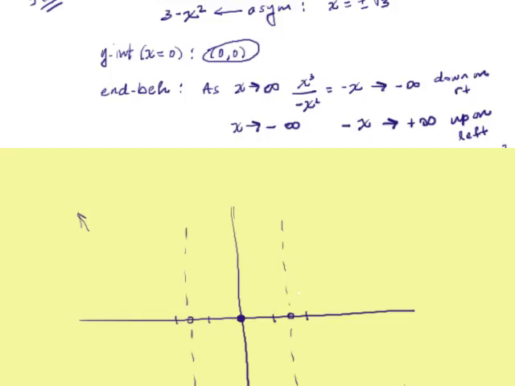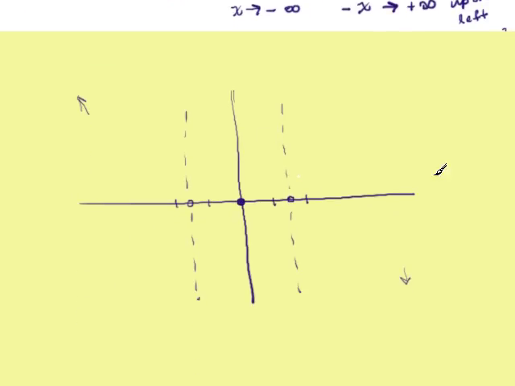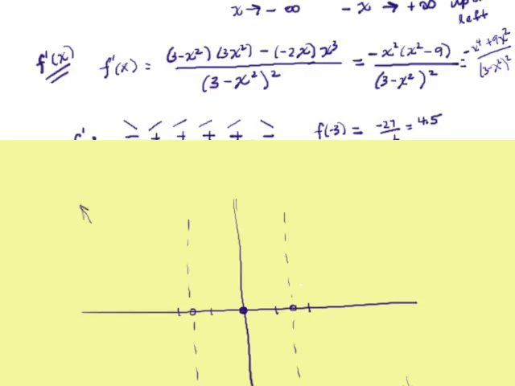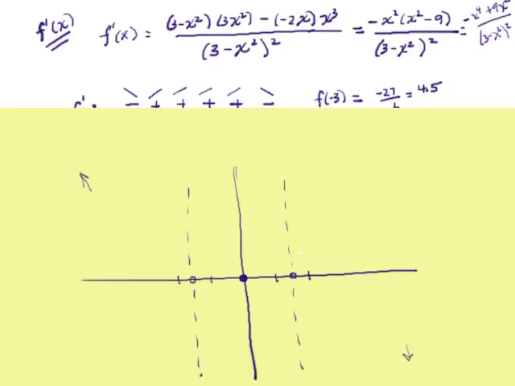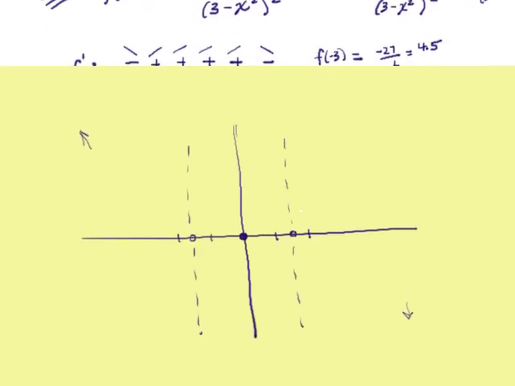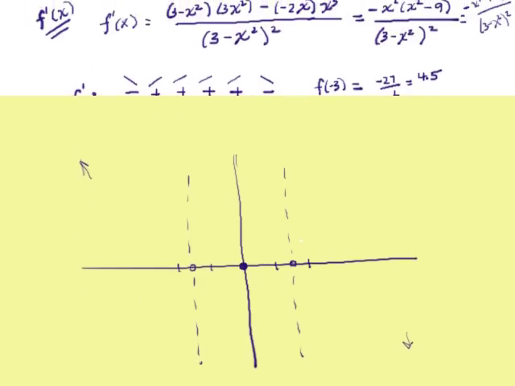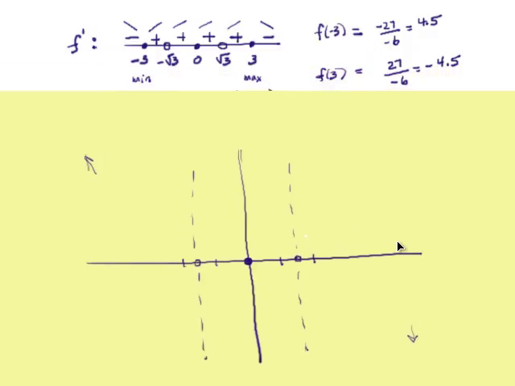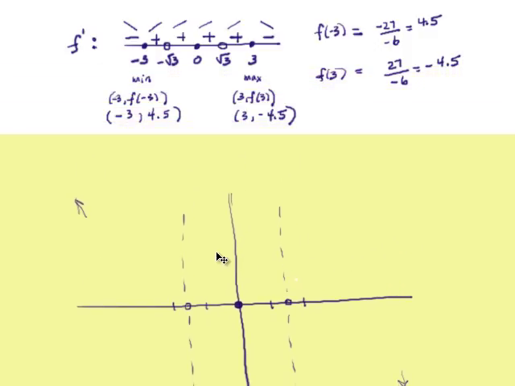All right, now let's go over to f prime of x. There's f prime. What we're interested in is this plus minus analysis. We want to put in that min and that max. So we have a max at 3, 4.5. There's 1, 2, 3, and let's say that's 4.5.